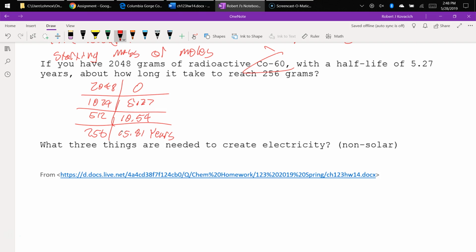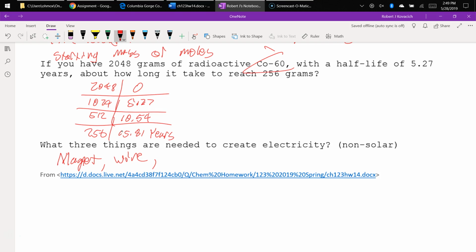Okay, this last one here. What 3 things do you need? Okay. Magnet, how about a magnetic field? What else? Wire spinning around them. How about a wire?